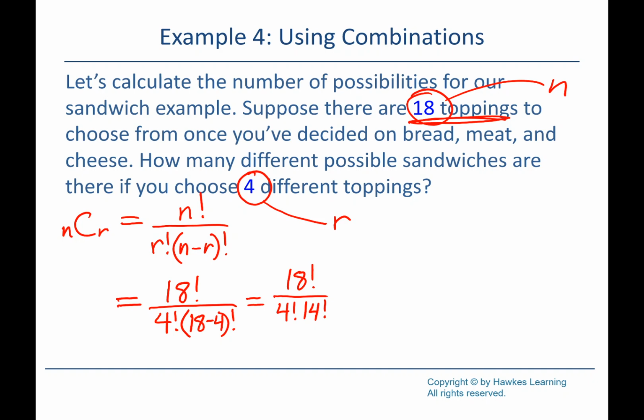On the bottom, this 14 factorial, we would have 14 times 13 times 12 times 11 times 10, all the way down to 1. Everything from 14 down to 1 is going to cancel. So on the top, that'll leave us 18 times 17 times 16 times 15.